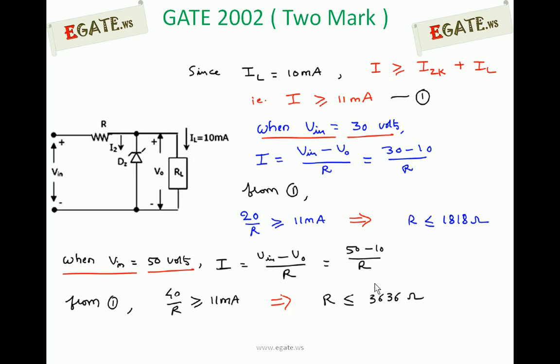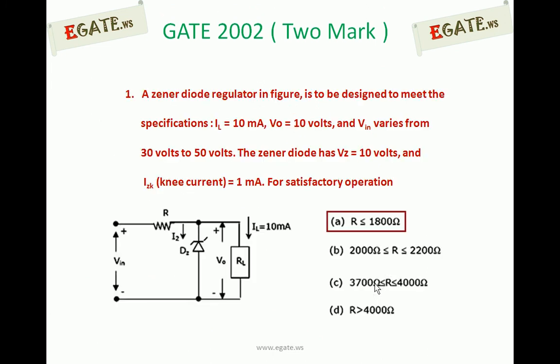So choose R less than or equal to 1818 ohms. So the correct option for the given problem, as an approximate answer, is R less than or equal to 1800 ohms. So the correct option is A. Thank you.